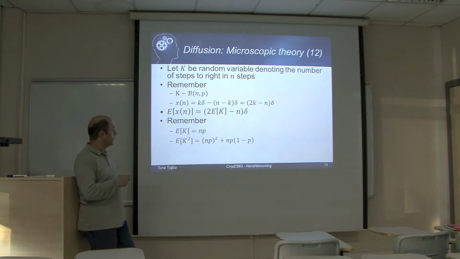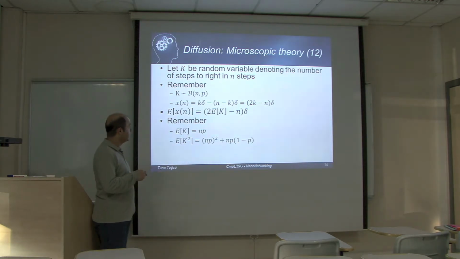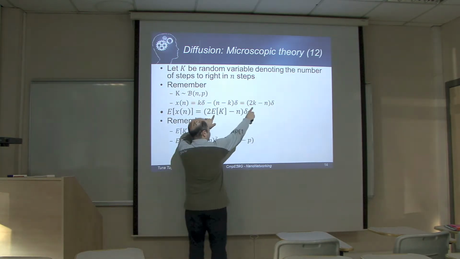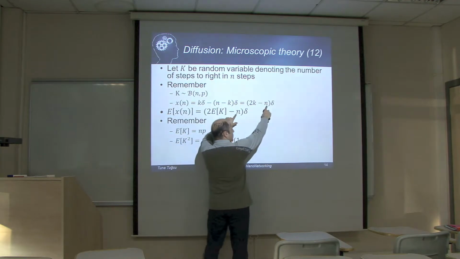So x of n was, remember this thing, we also talked about that. Expected value of x of n would be what? Look at this, now you're taking the expected value of this. K is your variable, remember. So it is 2 times expected value of K. N is a constant. Delta is a constant.